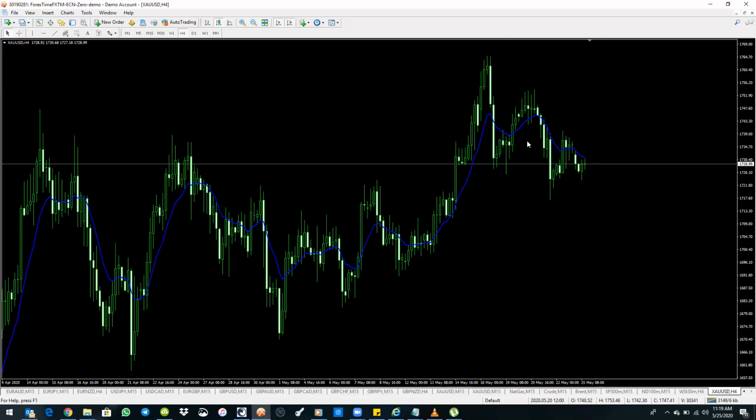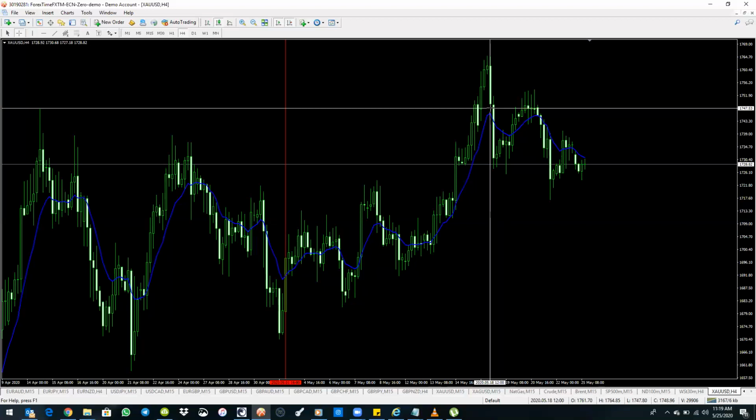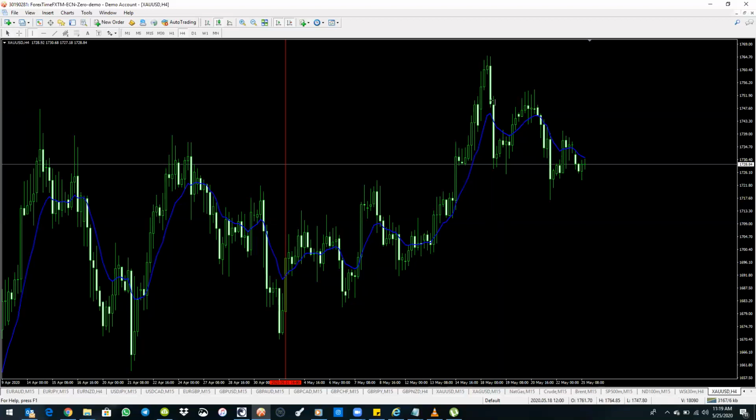The lower the value of the moving average, the faster it reacts to market. And the faster it reacts to market, the higher the tendency you have of it giving you a false move. For example, from here to here, market was bullish, right?